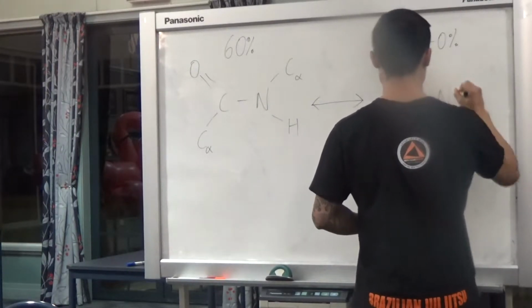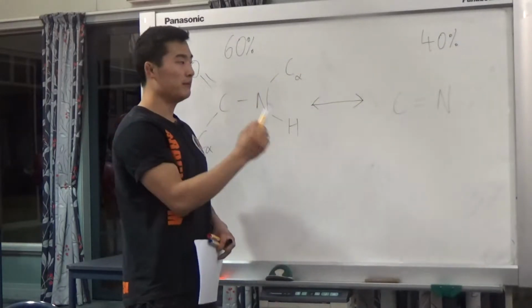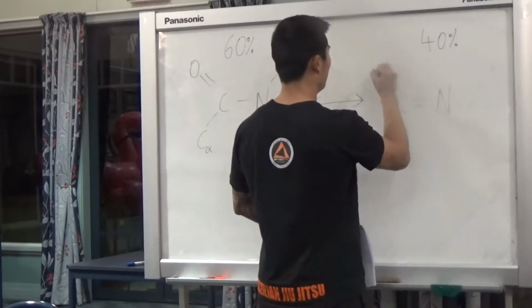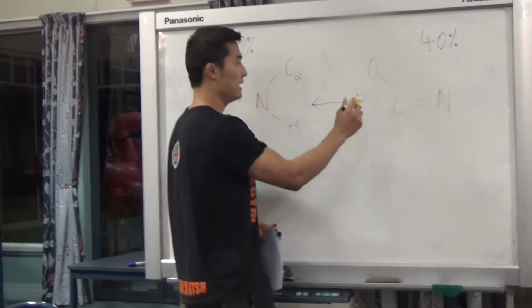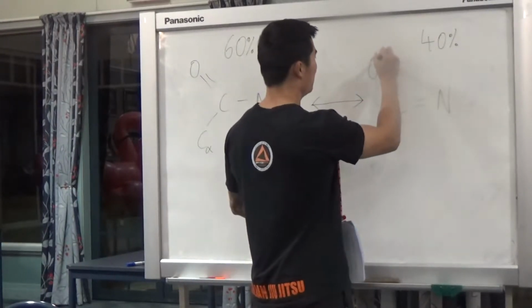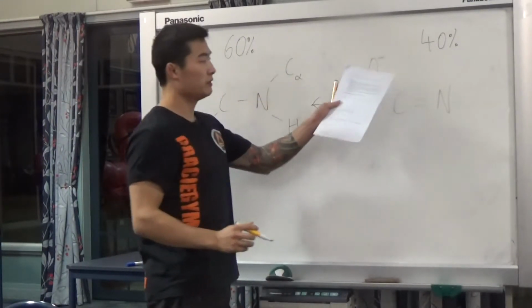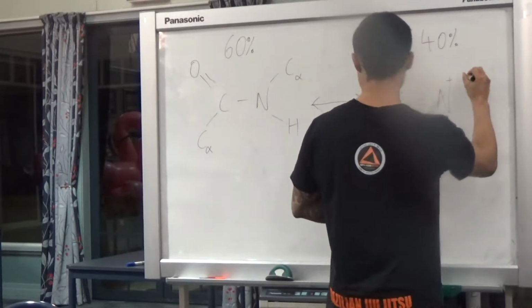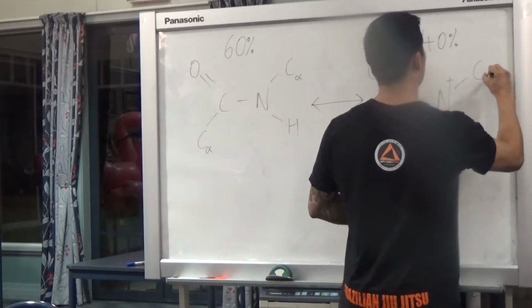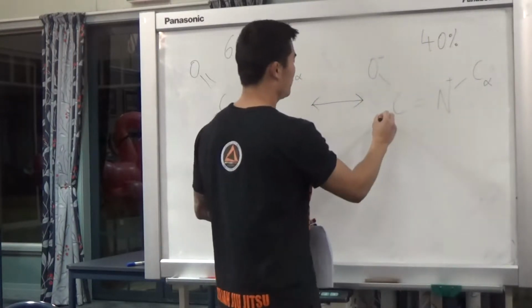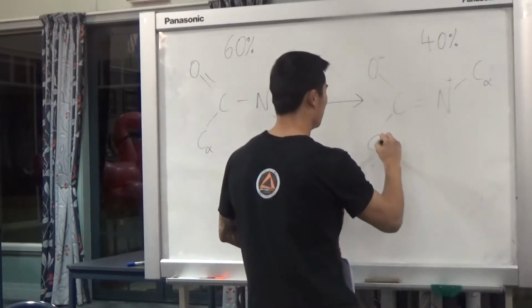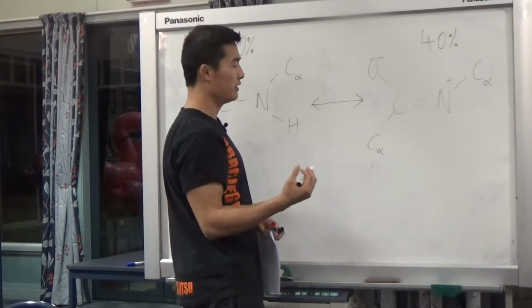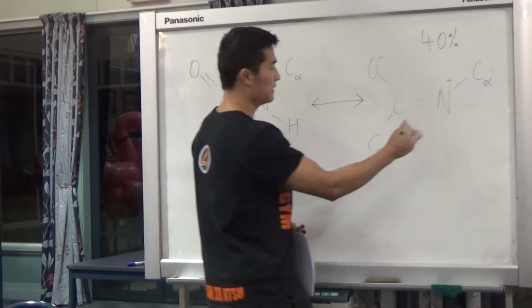So there's a double bond between the carbon and the nitrogen, and there's only a single bond between the carbon and the oxygen. And so this oxygen will be negatively charged, and this nitrogen will be positively charged. And you've got the connection, the bond to the alpha carbons on either side.